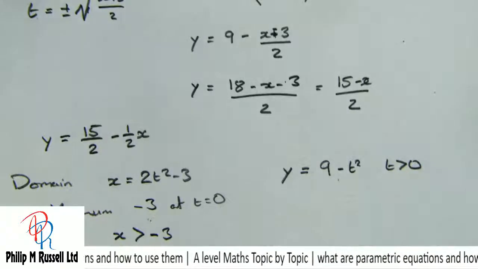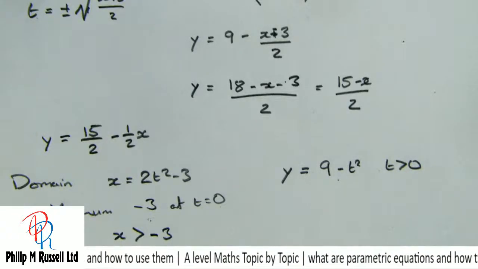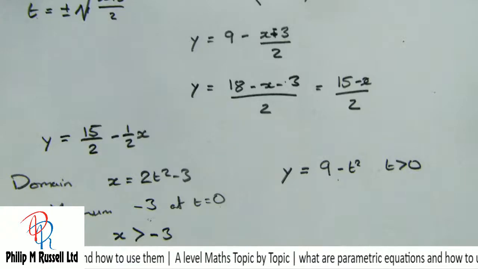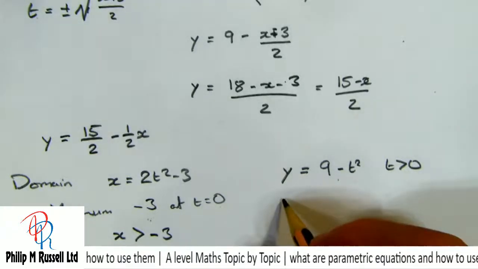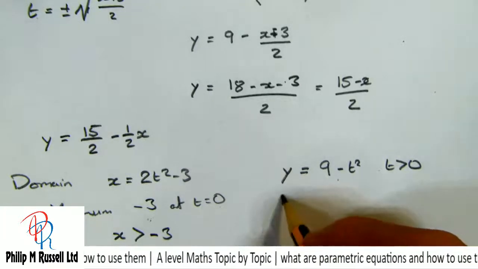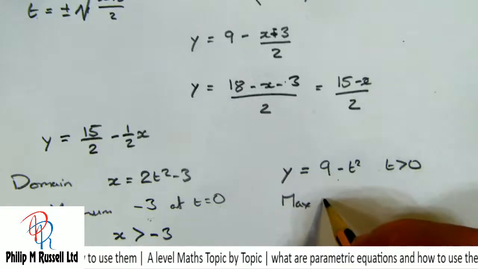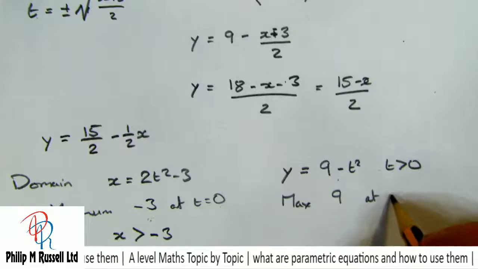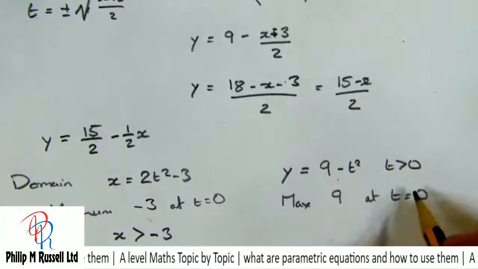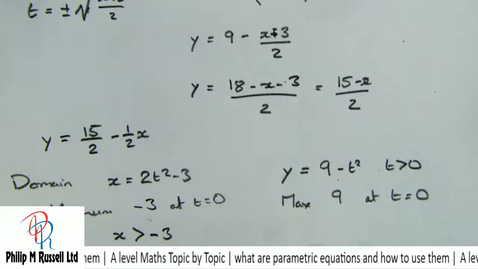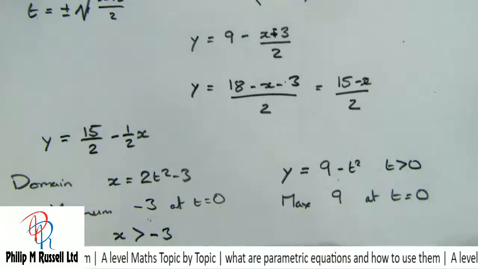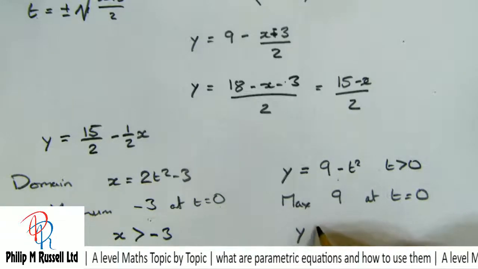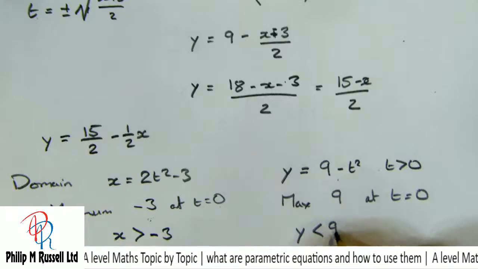This too is a quadratic function, and will have, in this case, a maximum value of 9 when t equals 0. So the range here of this parametric function is that y has got to be less than 9.